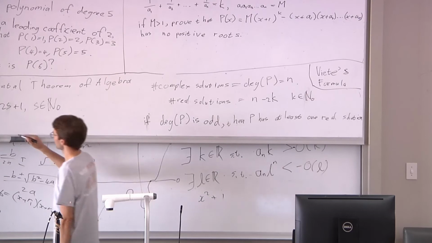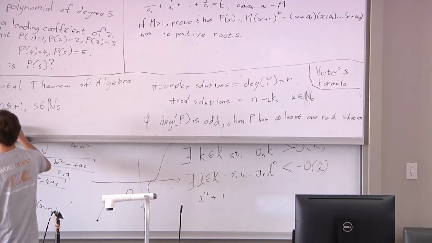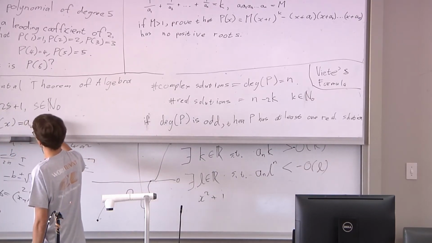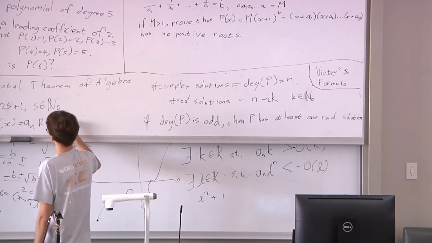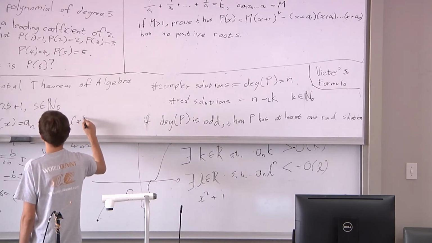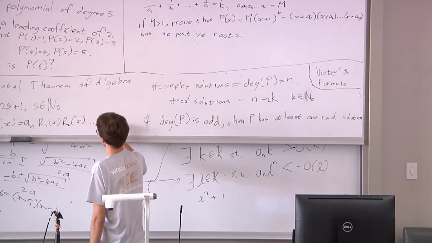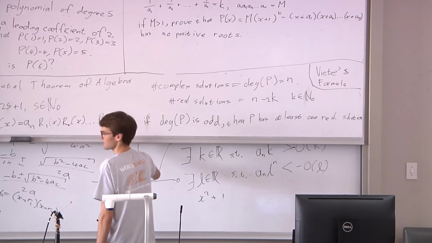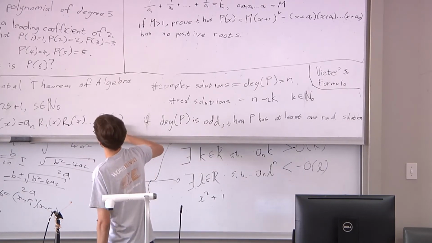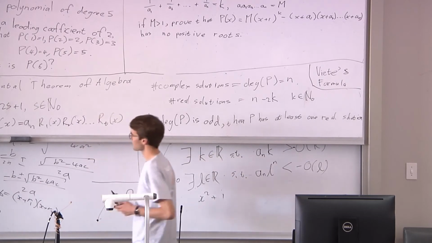Then we know that p of x can be written as an times r1 of x times r2 of x, and so on until you get to rt of x. Let's change this to be a t, I guess.